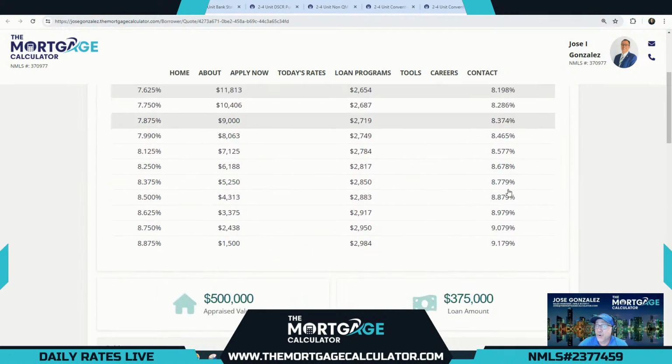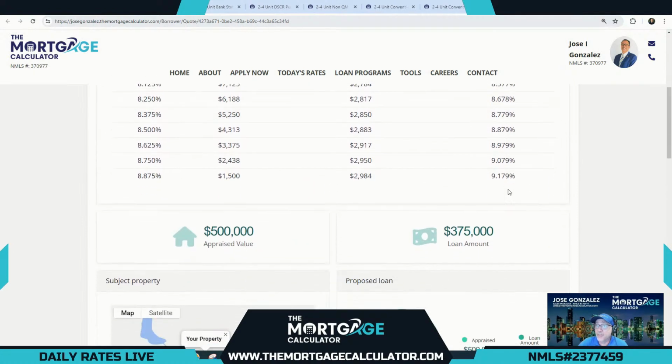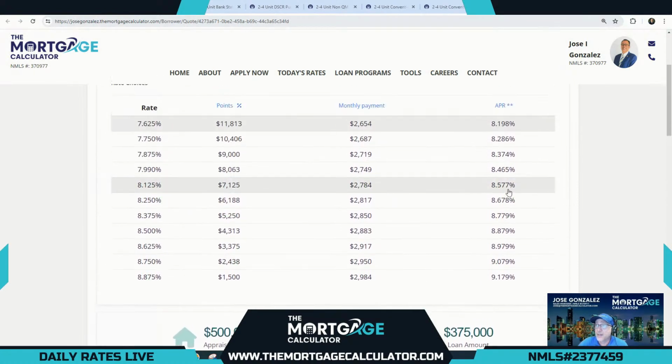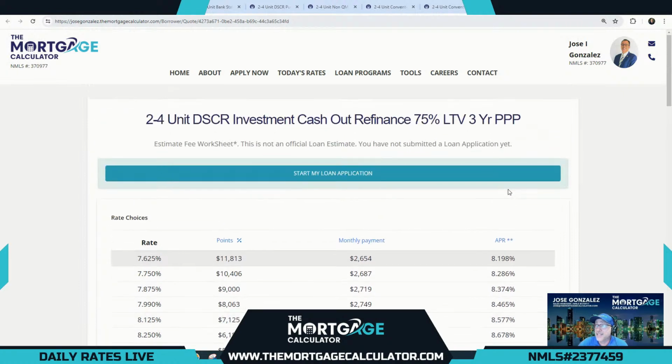And now for our cash out option here, at 75%. Now notice we're bringing it down to a more normal loan to value. 75% is our normal LTV for cash out refis.